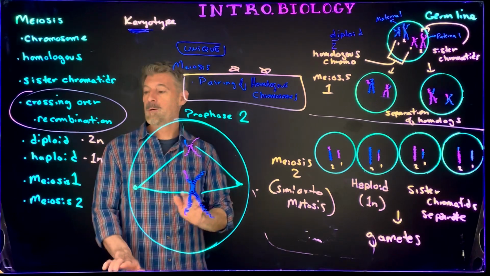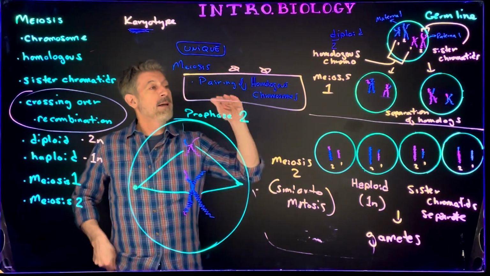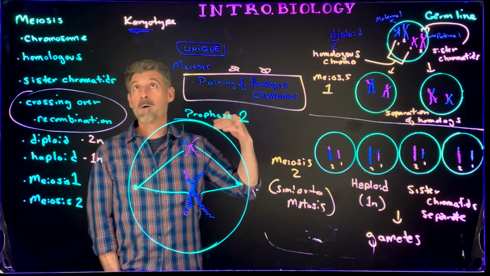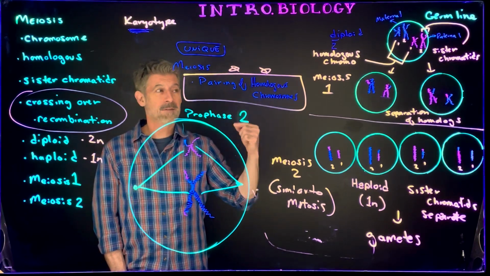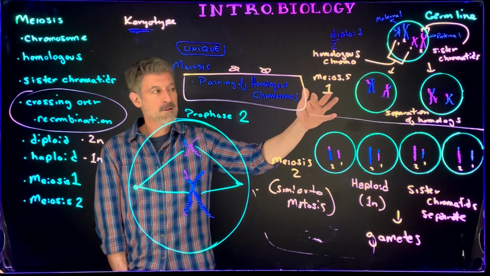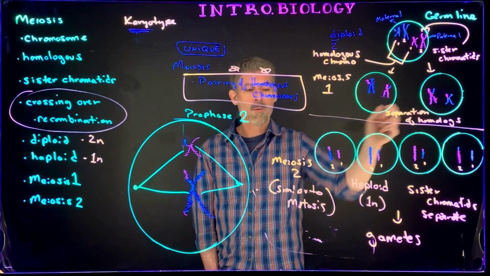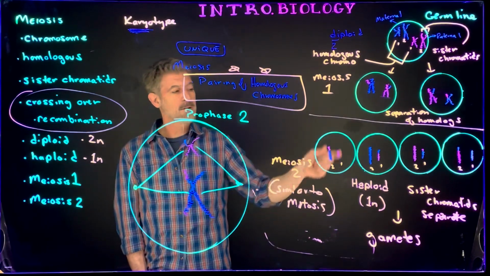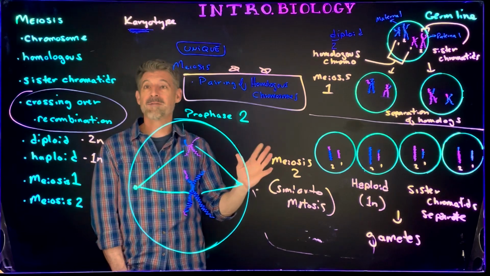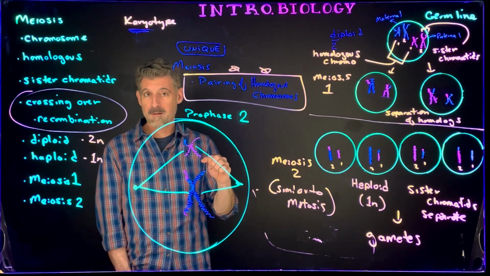So make sure you know all the basic terms and the key events of the different processes, and also be able to say what is the difference between meiosis 1 and meiosis 2. In the first division, you just separate the homologous chromosomes. In the second division, you separate the sister chromatids. How is the whole process different from mitosis?